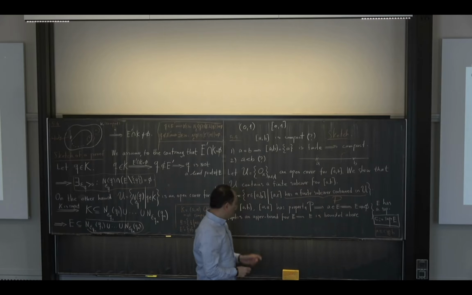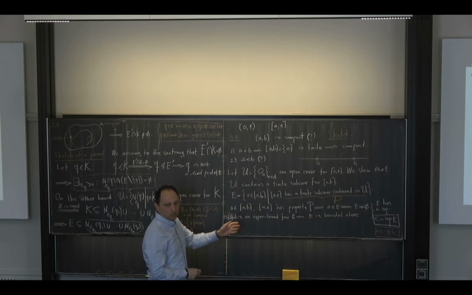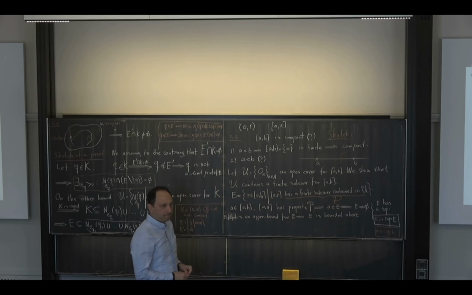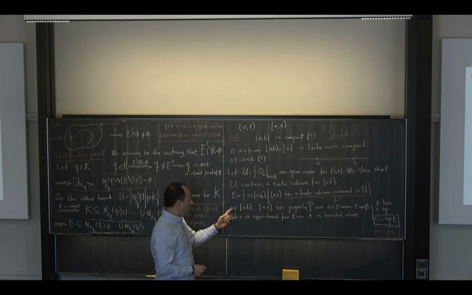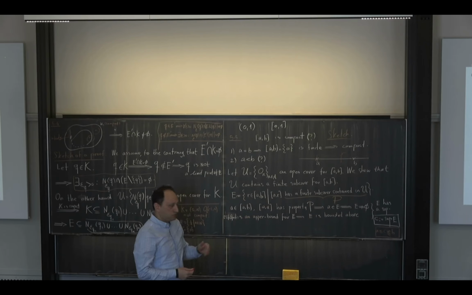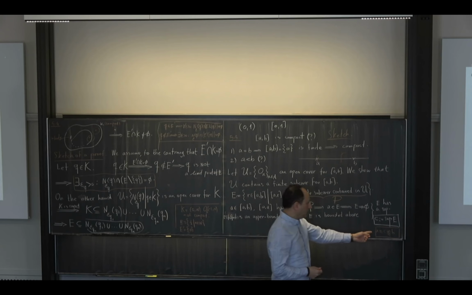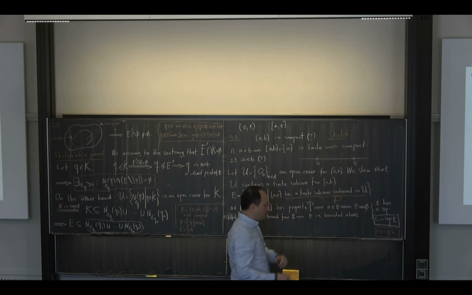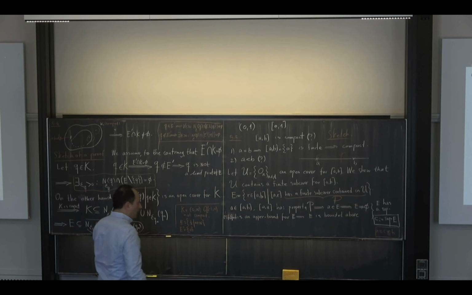B is an upper bound and C is the smallest upper bound, so it cannot go beyond B. But why can't it go below A? A belongs to E and C is the supremum, so A should be less than or equal to C. So this is granted, okay? You have to write them down, but you understand that. So I will need that.